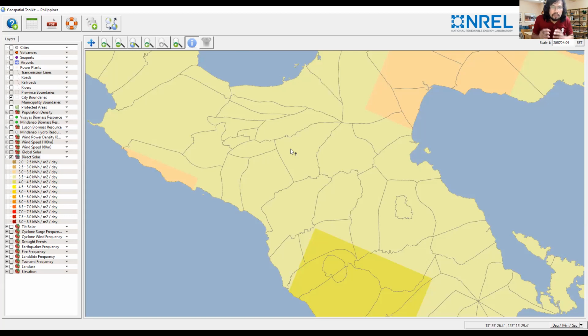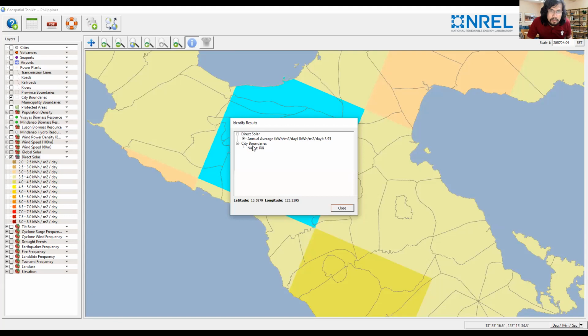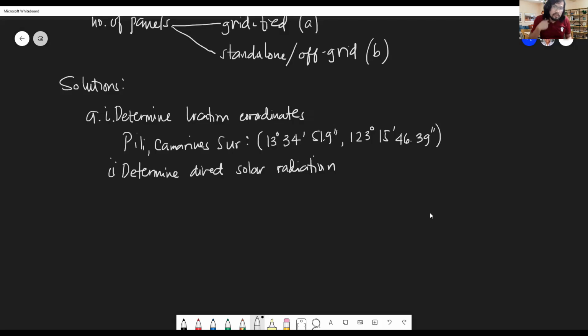So I think there's not really that much difference to get the exact point where the coordinates lead to, but we can already click here to see the location and identify the place, and then get the average kilowatt hour per m squared per day for this location. So this is the average at 3.95, and then we have the monthly data as well. So let's go back to our computation.